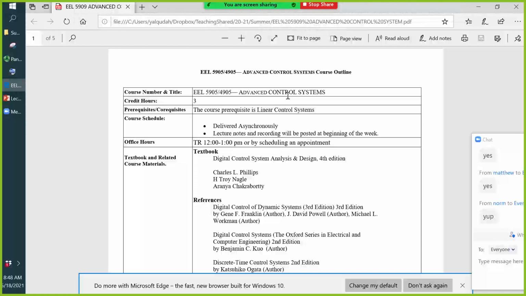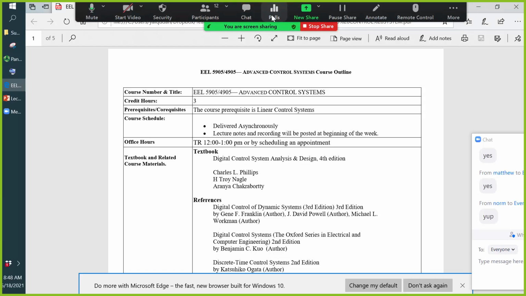So again, the prerequisite for this class is the linear control systems. And of course, it will help if you also have a background in Z-transform. We're going to be using Z-transform throughout the course. Some of you might have seen it briefly in signals and systems. Some of you might have taken digital signal processing, so you're more familiar with it.